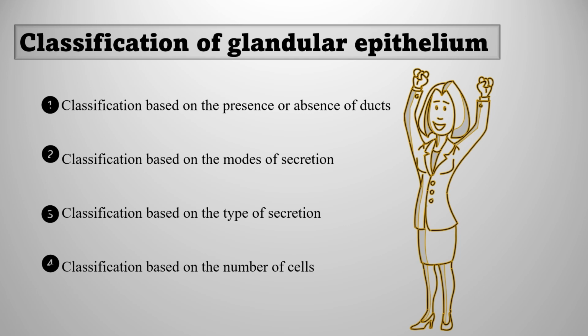The second type is known as classification based on modes of secretion. The third one is classification based on the type of secretion. And the fourth one is classification based on the number of cells. So we are going to go through each of them and see how each of them classifies the glandular tissue.